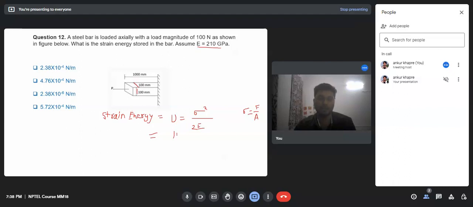So we'll get 100 upon 0.1 into 0.1 whole square, upon 2, and E value, Young's modulus, 210 gigapascal.